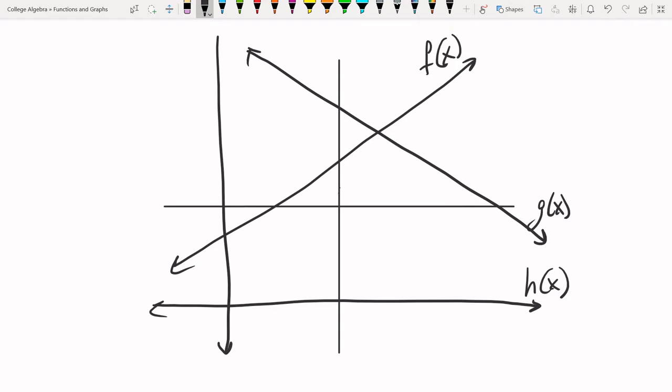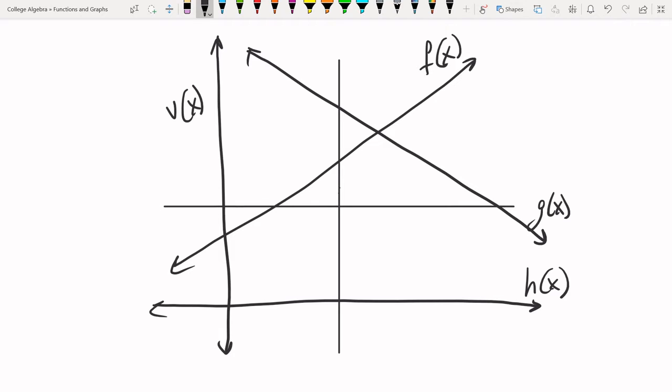Vertical slope goes straight up. We'll say v of x. This is the most unusual, and you'll see why, but the other three are pretty common. Increasing is f of x, decreasing g of x, constant h of x, and vertical v of x.